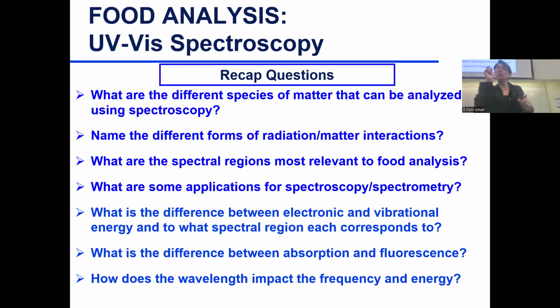What are the spectral regions relevant in food analysis? Where did caffeine absorb, in which region? UV. Okay, so now that you know what I'm asking, what are the relevant regions in food analysis? UV, visible range, and one more?